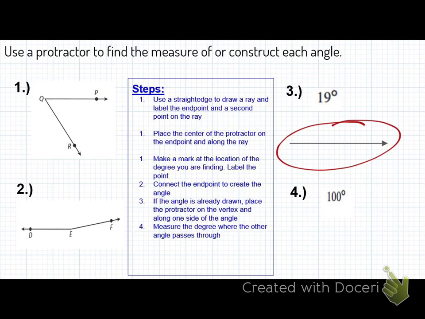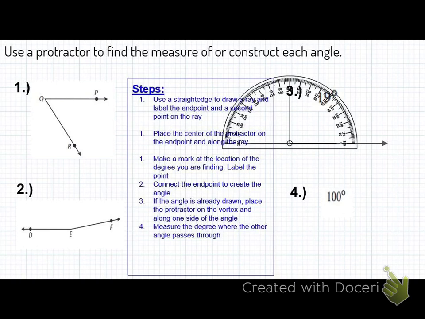You probably want it to be a little longer than your protractor radius, but this is okay. And then I'm going to put my protractor, put that little point here at the end point of my ray here. Then I'm going to bring out my protractor. Okay, notice that I put the point here carefully and it's lined up with my ray.